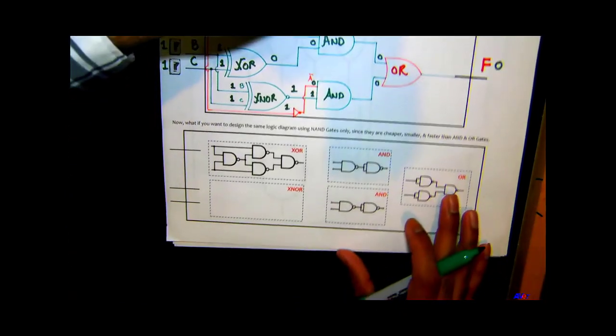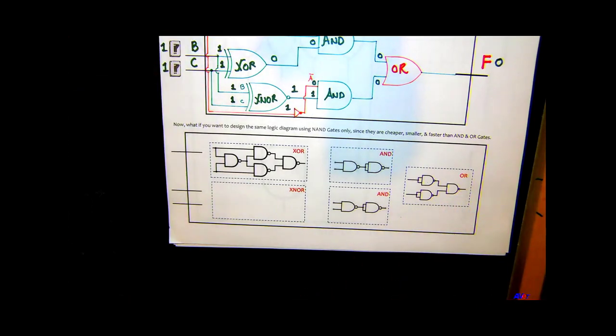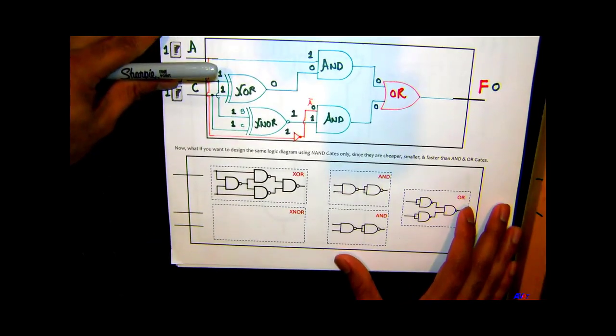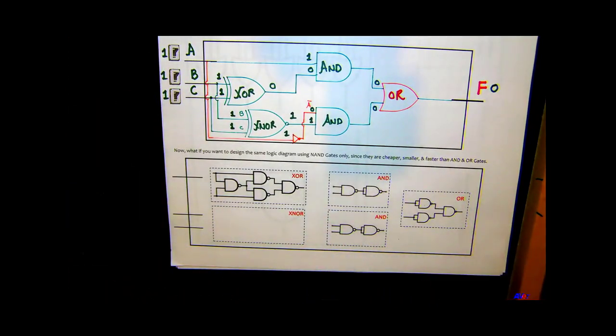We're moving on to a continuation of the same example. It says, now what if you want to design the same logic diagram using NAND gates only? Since they are cheaper, smaller, and faster than AND and OR gates. So our task would be to replace all these gates with NAND gates.